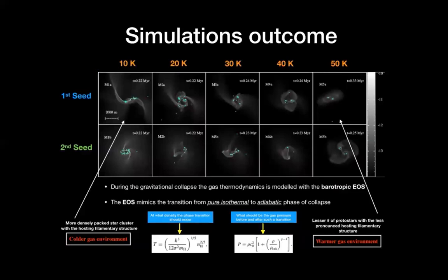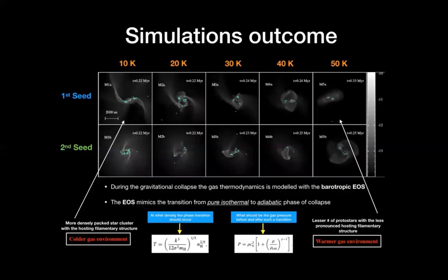This range of temperature covers the redshift values from 2.7 to 17. Within this span, we expect that star formation is happening under the influence of the CMB, which sets the temperature of the star-forming gas from 10 Kelvin to 50 Kelvin.